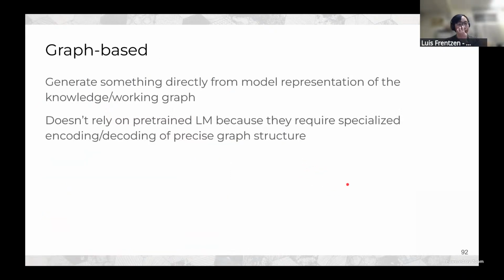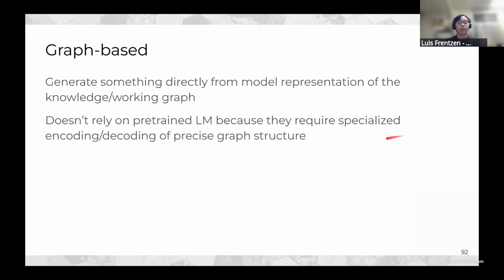And then for the graph base, as I said, they want to preserve the graph structure, because in scientific literature or scientific applications, you don't really want to lose that information from the graph structure.